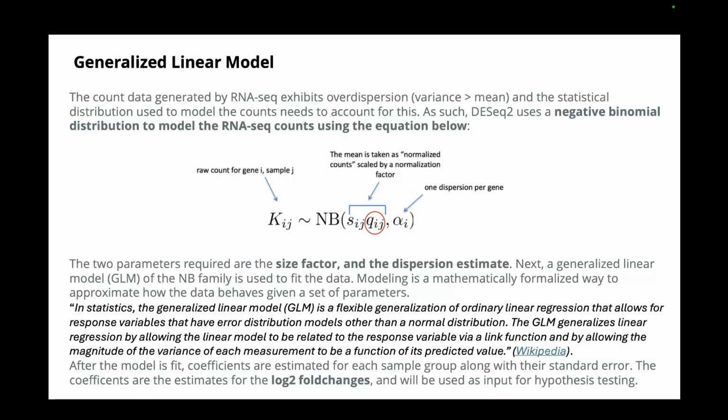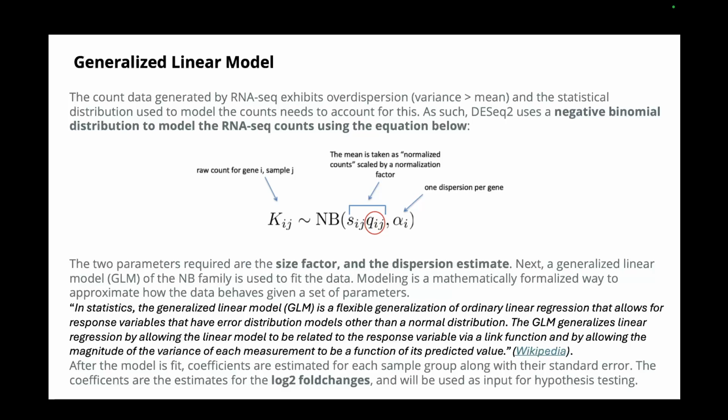The count data that is generated by RNA-seq exhibits over dispersion. So what do you mean by dispersion? Dispersion is a statistical term that is used to quantify the ratio between the variance of the data and the mean. If your ratio between variance and mean of the data is very high, we call that data over dispersed.